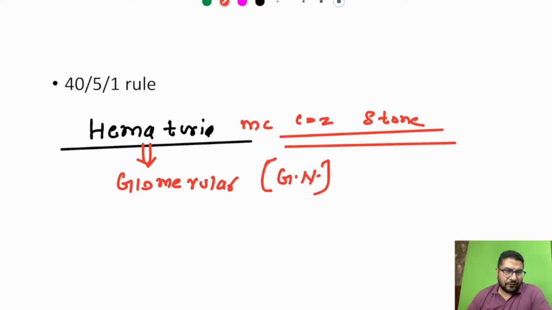So this you can remember by the 40-5-1 rule. देखो they will give you a question like a patient having hematuria.